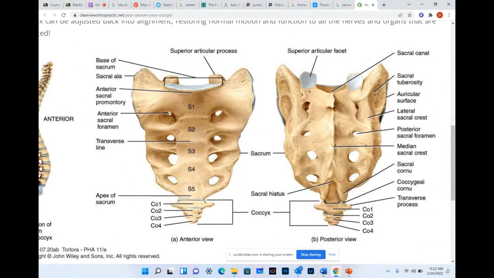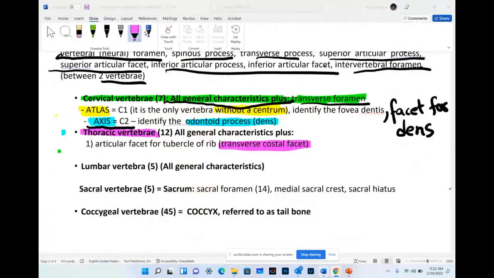Now, it is made up of 5 vertebrae, and they have shown it very nicely. S1, S2, S3, S4, S5. 5 sacral vertebrae fused together. That is what sacrum is made up of. So sacrum, 5 vertebrae fused together.